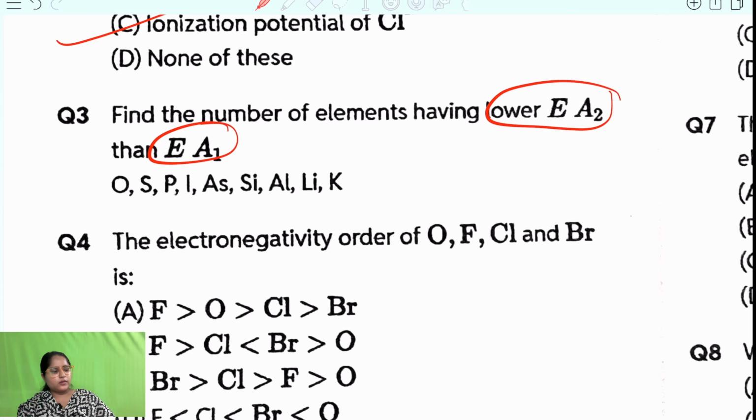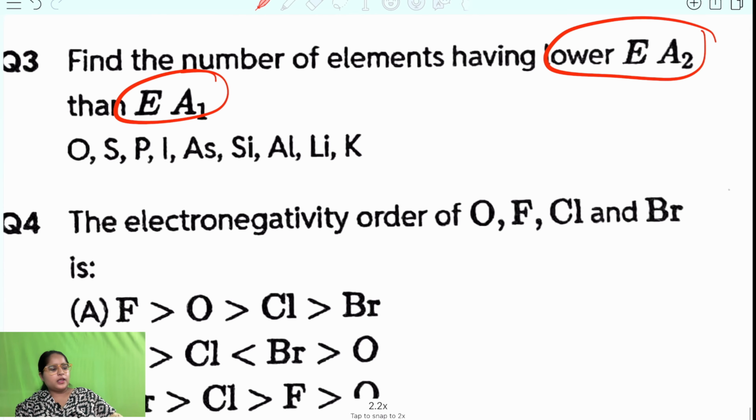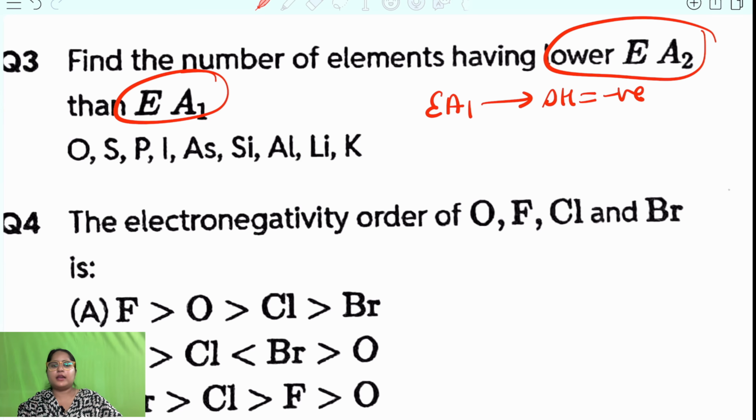So how will we solve this question? EA1 is always exothermic, delta H will be negative. EA2 for a neutral atom or cation is always positive, endothermic.